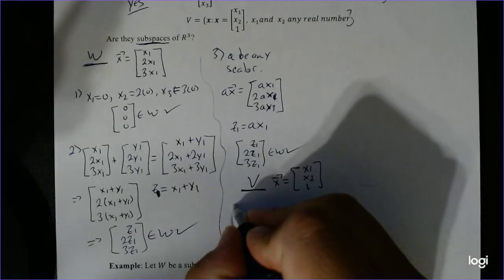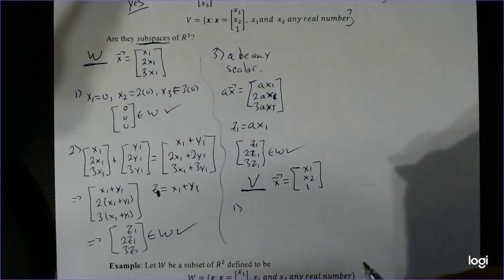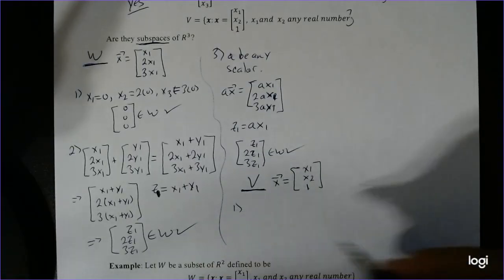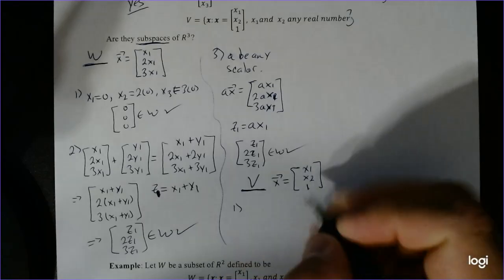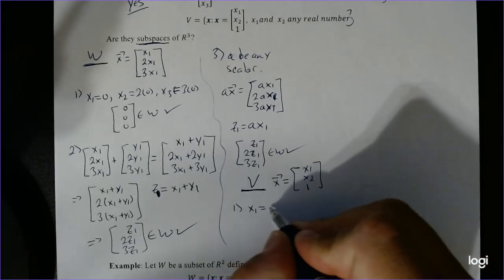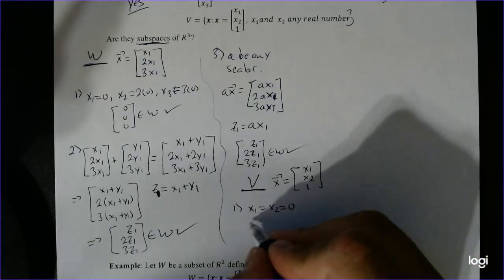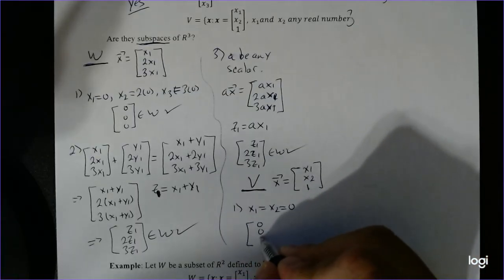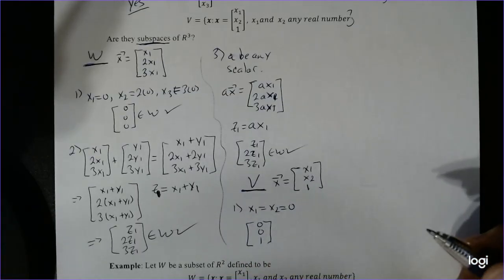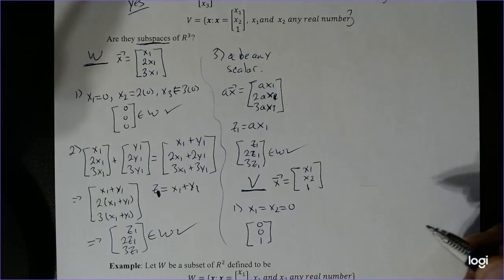Okay, so let's try the first one. I'm trying to figure out which one would actually work, but they actually didn't work. So let x1 equal x2, which is 0. So therefore, this vector becomes 0, 0, 1. Okay.